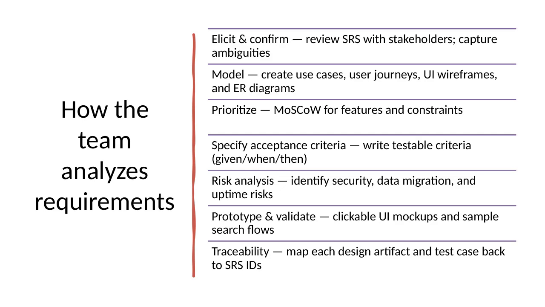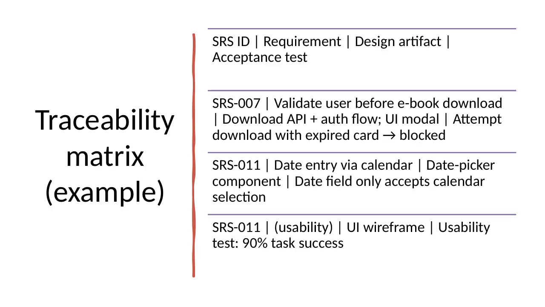Meanwhile, the QA and test engineers focus on validating the requirements and designing test scenarios to ensure everything will work as expected once implemented. By working together this way, the team can create a solid foundation that guides the development process and helps prevent misunderstandings or issues later on. This analysis step is crucial for building a system that meets both user needs and technical standards. Let's move ahead to the next slide, where we'll explore the design considerations in more detail.